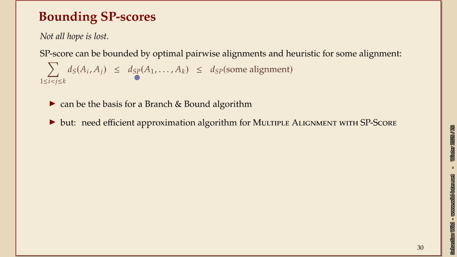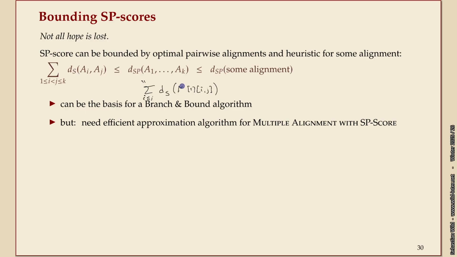Whatever you do here, the sum of scores sums up the same. It's the same sum, right? But here I'm taking a different score: the score of this alignment where I only look at the ith and jth row. And this may not be the optimal.